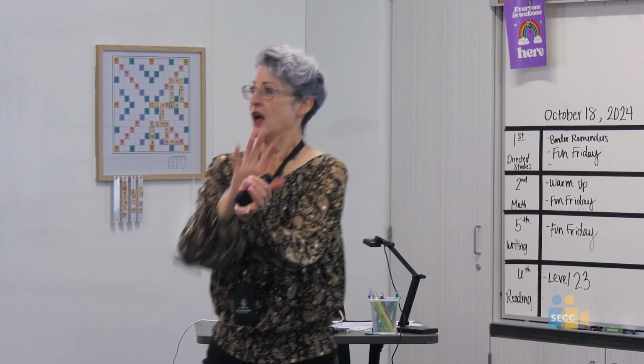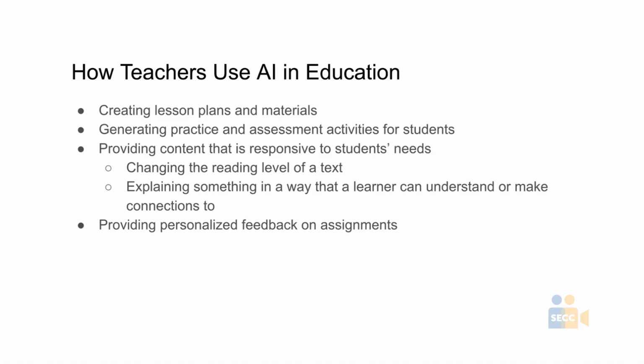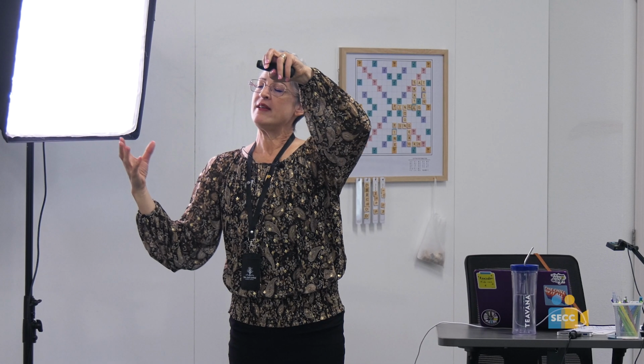And so we can tell the AI tool, please look at this student's work, compare it to this standard, and provide some feedback on what the student did well, where the student may not quite have met the standard, and what next steps you would propose.